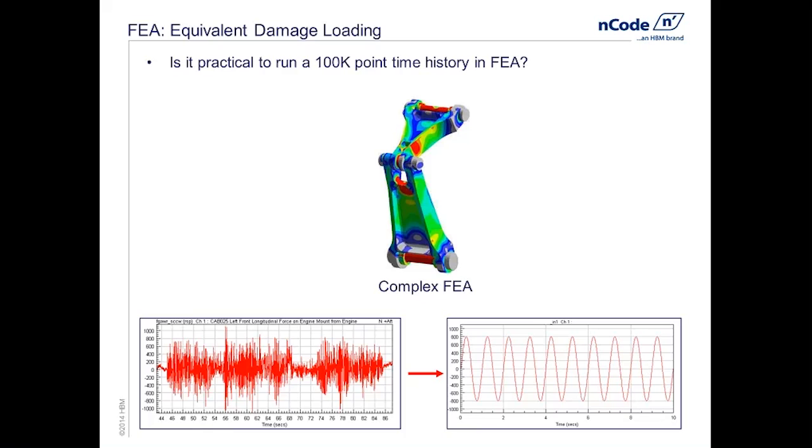Then in design life, which, as I mentioned earlier, is the CAE counterpart to GlyphWorks, we can simply cycle back and forth between those two forces, and this will drastically speed up our fatigue analysis. It will also allow us to run a much simpler FEA solution. So time savings all over the place.